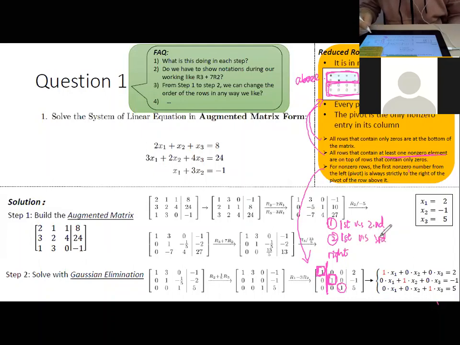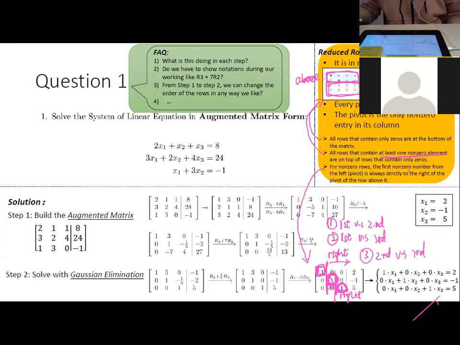The first row is above the third row, so the pivot here is also on the right side of the pivot here. And the last case is the second row versus the third row. Again, the second row is above the third row, so the pivot here is on the right side of the pivot here.